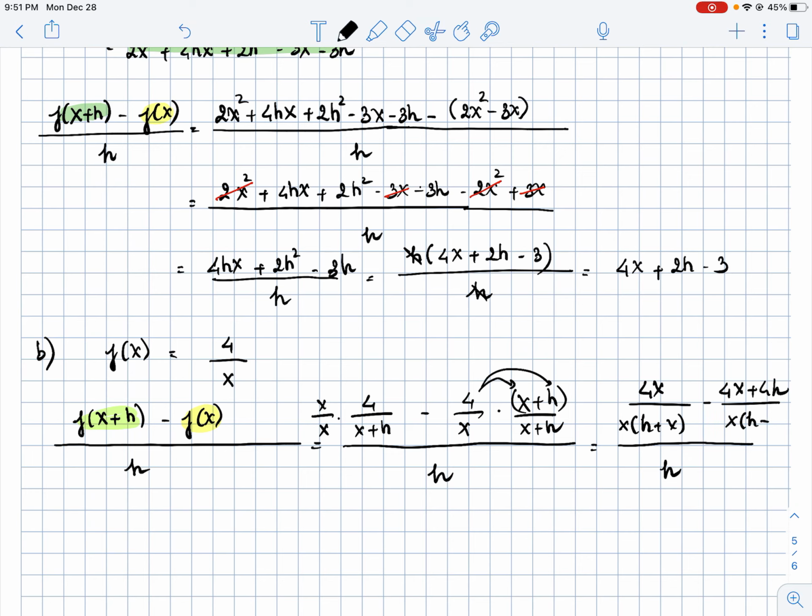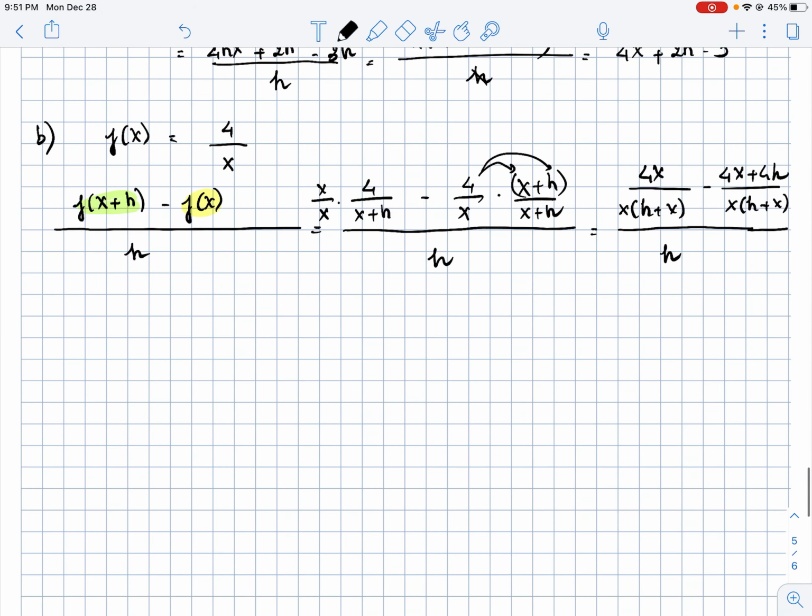So I get 4x plus 4h over x times h plus x. You can write x plus h, it's the same thing as h plus x. Now, because we have the same denominator, x times h plus x, we will subtract the top. So we get 4x minus 4x and then minus 4h. You notice that because of the minus in the front, we need to distribute it over the h.